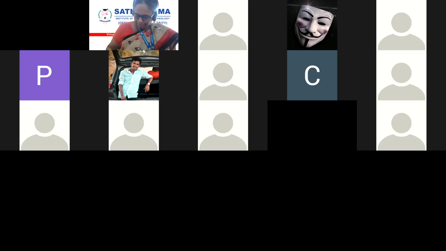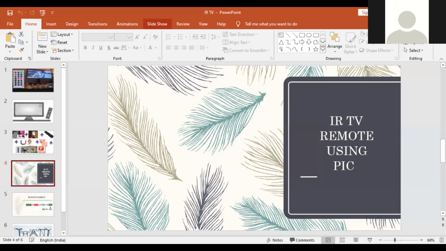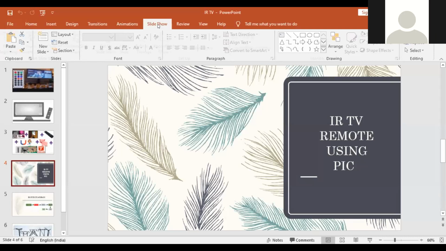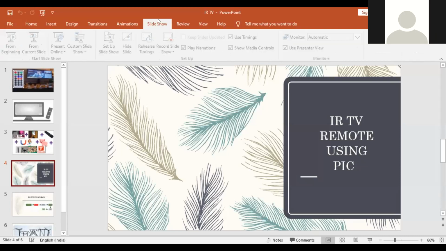Mogana Priya. Parameshwari. Yes, directly go to the fifth slide.